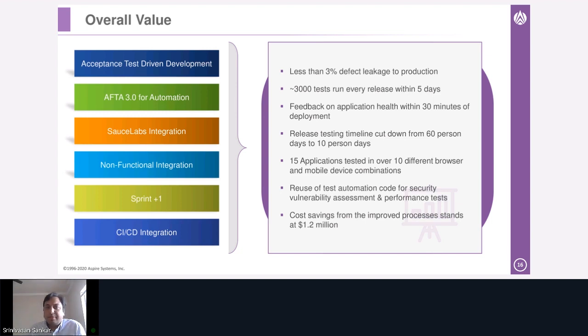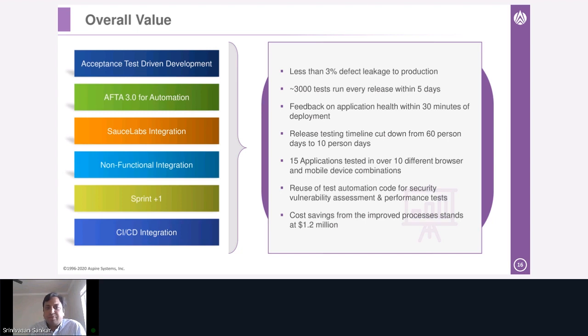And we also enabled getting the feedback on the build within 30 minutes of the deployment time. And also, the overall testing timeline came down from 60% days to 10% days, which was a huge cut down in terms of effort over a period of time.